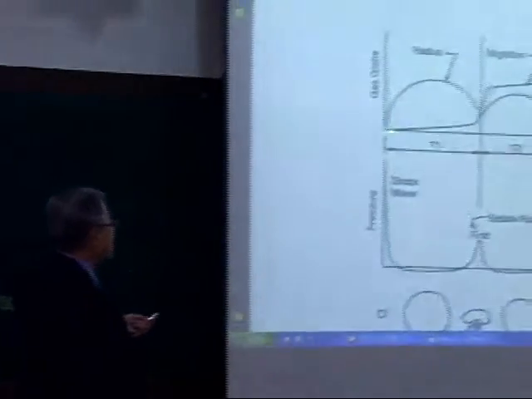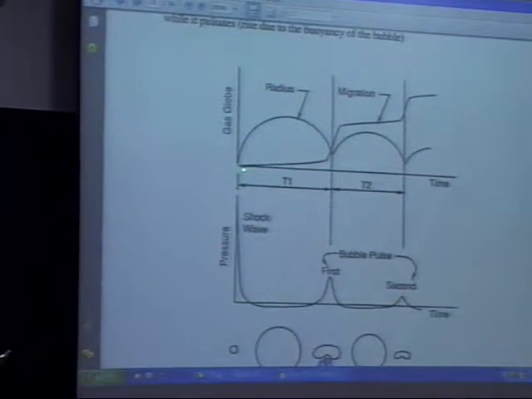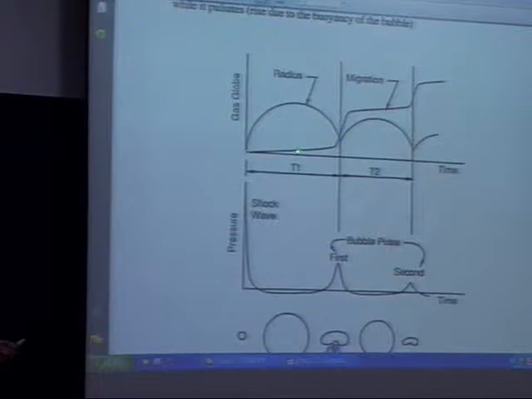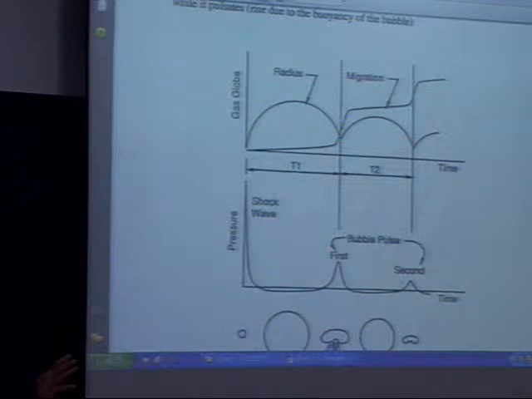Then here, as you look at the path of the gas bubble center, this is the path of the gas bubble. It rises slowly. When the bubble is really small, it really moves fast.